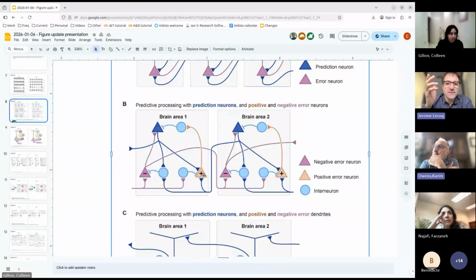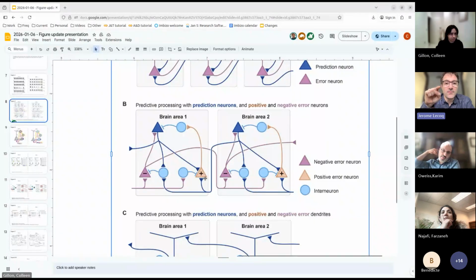That's right. That's something I tried to draw with Benedict. This is not in Keller's diagram, because he just drew one area, but wrote in the caption that this is assuming errors are going up and predictions are going down.